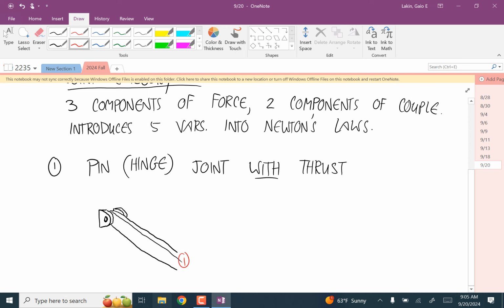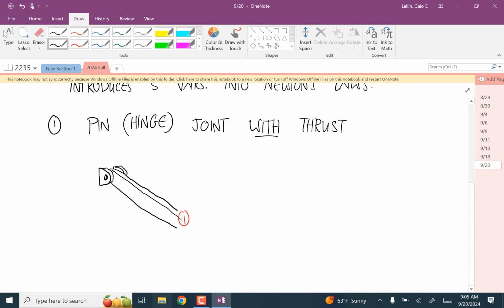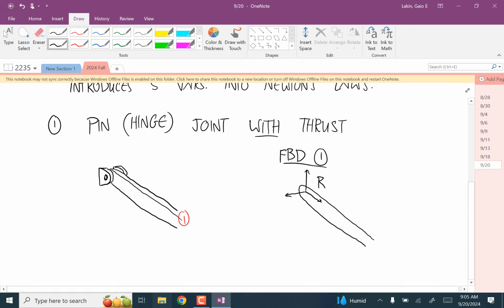And so let's call this body 1, and then a free body diagram of body 1 would look like, so we have a full vector of forces, and then so now we have two components of couple.